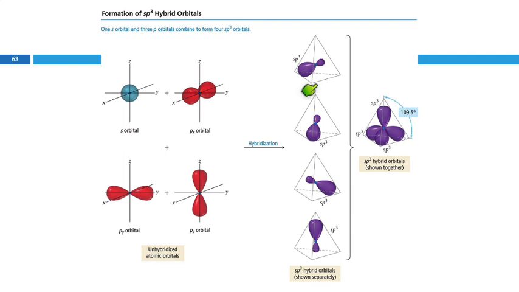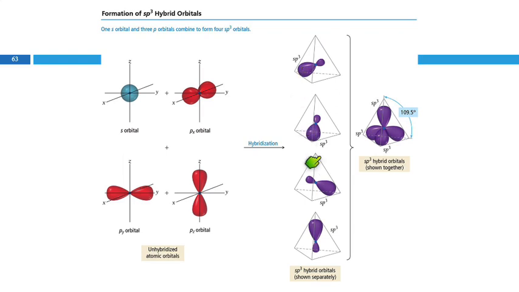So we're going to end up with something that looks a little more like a turkey drumstick here. It's got a big lobe on one side and a small lobe on the other side. It's not symmetrical anymore. These are going to be the same in shape, but they're going to be spaced out.